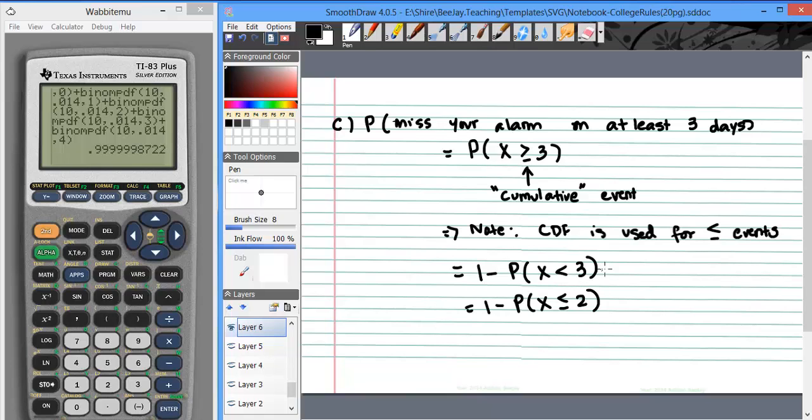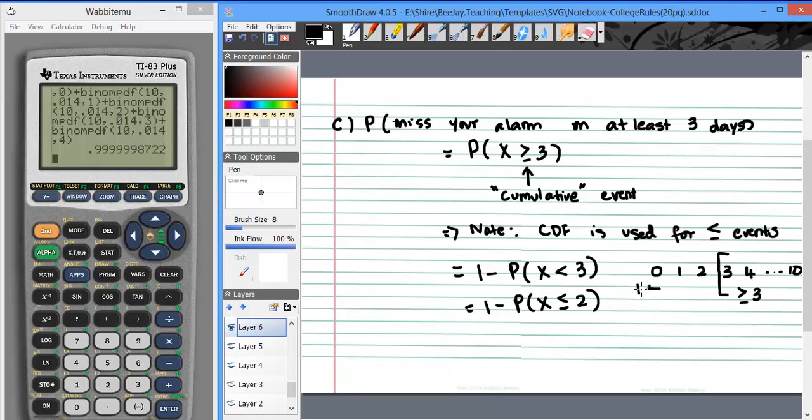let's write it on the side over here. So you missed your alarm on 0 days, on 1 day, on 2 days, on 3 days, 4 days, all the way up to 10 days. Now, greater than or equal to 3 would mean 3 up to 10. What is the complement of this? The complement is nothing but the other side of the bracket.